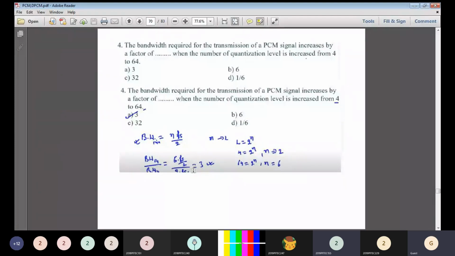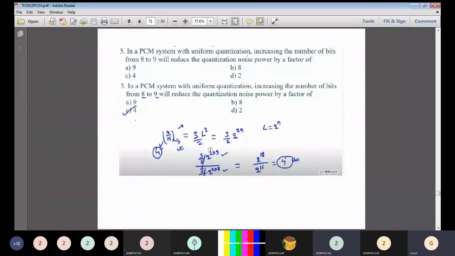Fs by 2 gets cancelled, so we are getting 6 by 2, which simplifies to 3 as the answer. So the answer is option A. The bandwidth required for the transmission of a PCM signal increases by a factor of 3 when the number of quantization levels is increased from 4 to 64.